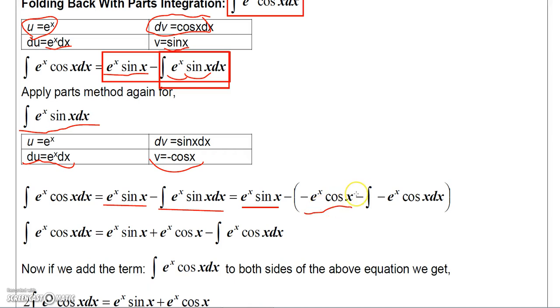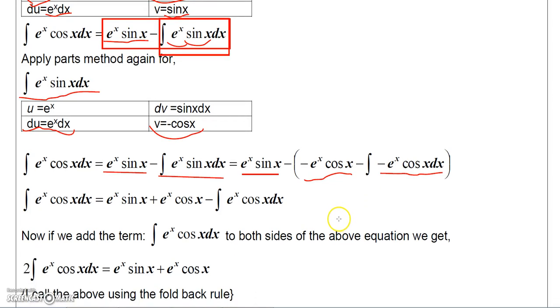And then we would subtract, so we're subtracting here, the integral of v du. Well, v is minus cosine x, and du is e to the x dx. So if you multiply minus cosine x by e to the x dx, you actually get minus e to the x cosine x dx. Now, let's simplify this just a little bit.